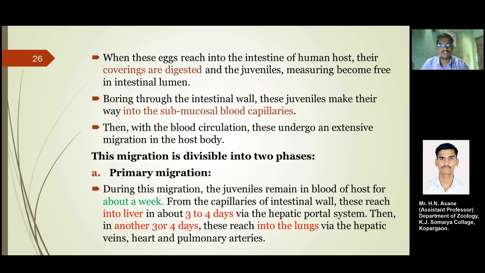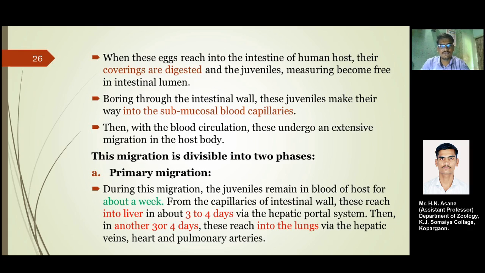This migration is divisible into two phases. The first one is the primary migration. During this migration, the juvenile remains in the blood of the host for about a week.